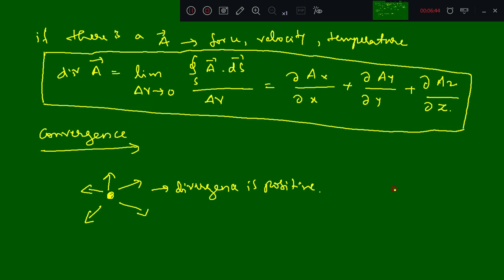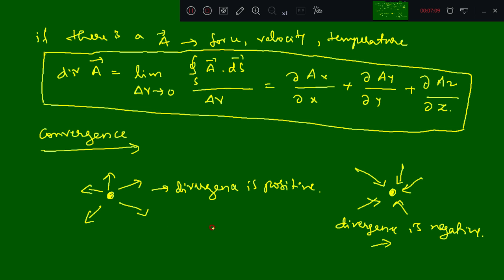Then for the same surface area, if A is coming inside, here the divergence value is negative. So this becomes the convergence.